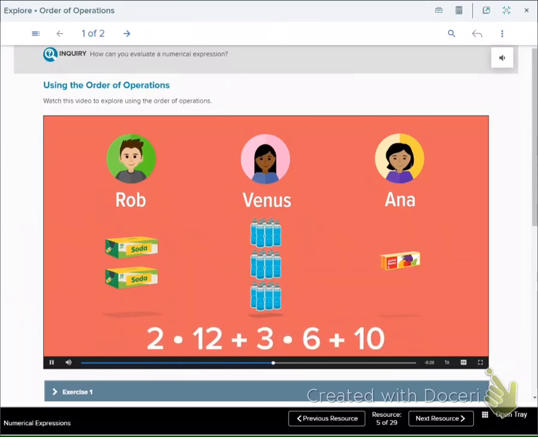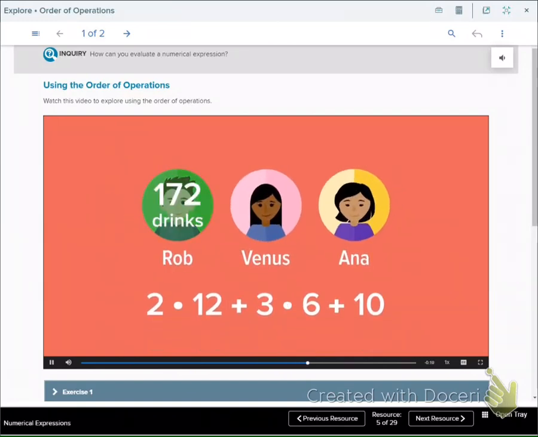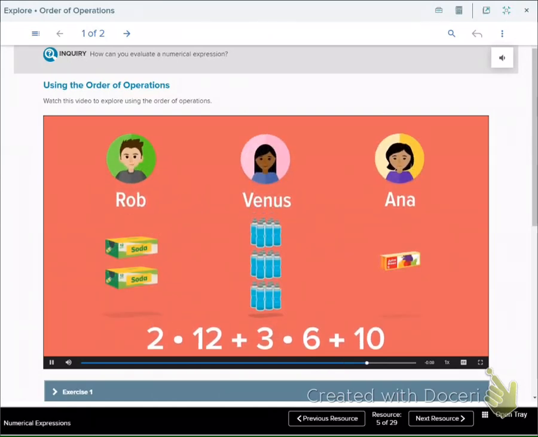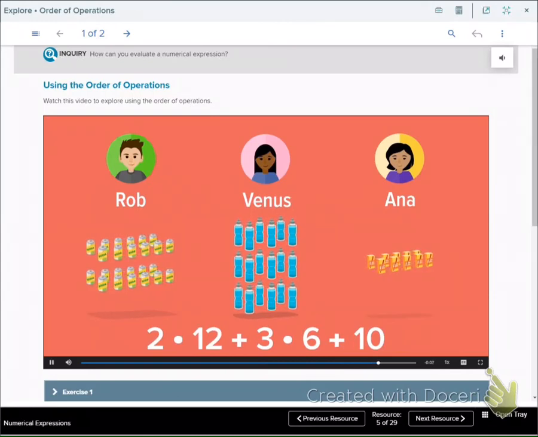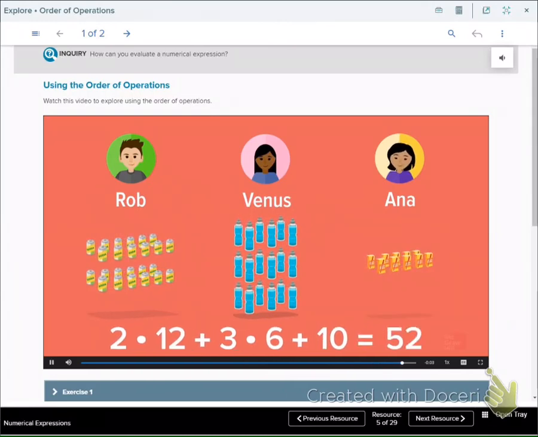Rob, Venus, and Anna each evaluate the expression on their own, but they all get different answers. Rob got 172 drinks. Venus calculated 480 drinks, and Anna's answer was only 52 drinks. They decide that they will have to count all the drinks to find out who was right. Anna was right. There are 52 drinks.